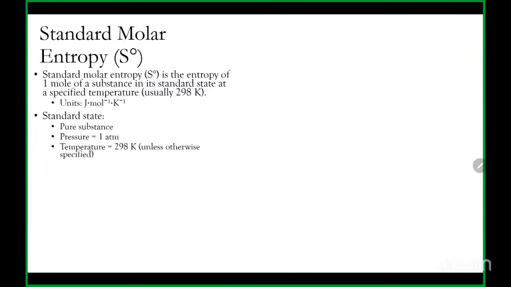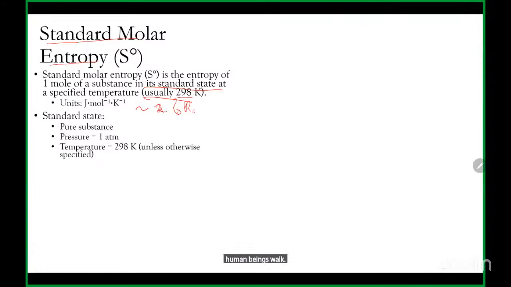gases, and so on. Molar entropy is defined as the entropy of 1 mole of a substance in its standard state. That standard state is often around 298 Kelvin, which is mostly the room temperature in which human beings work.